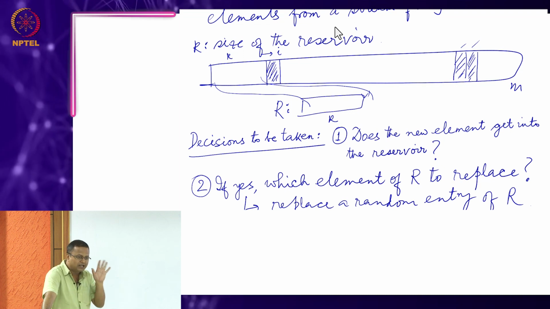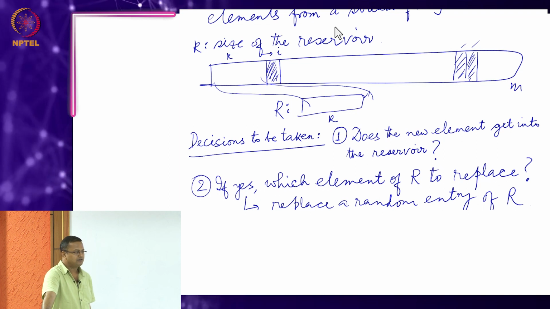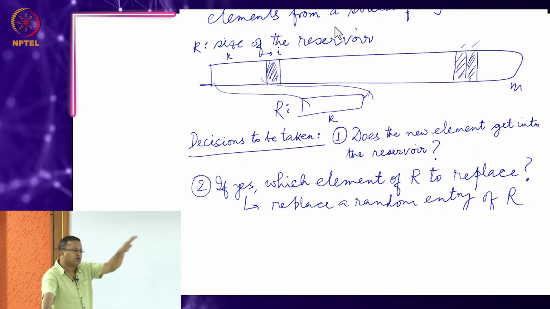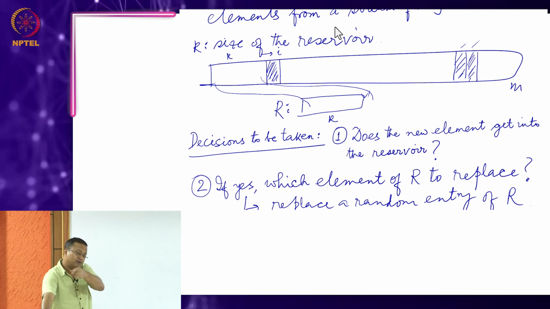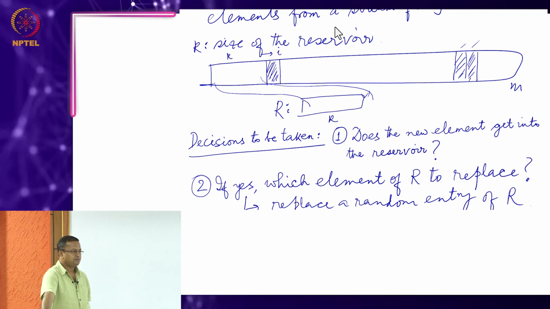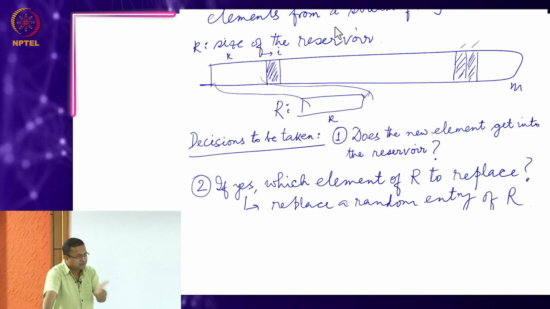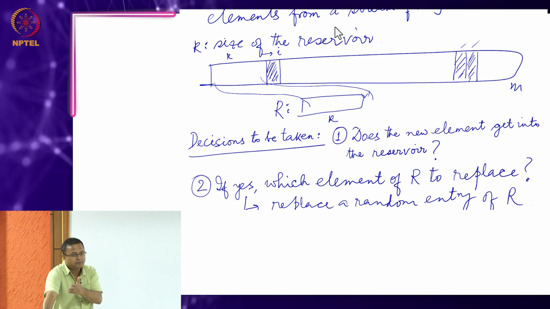So our hunch tells us that the probability should kind of go down as I go towards the end of the stream. Because really I do not know where the stream is going to end, I do not know m.